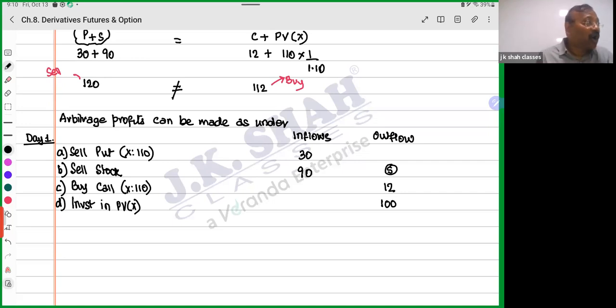That means on day one, your bank account will witness an inflow of 120 and the same bank account will witness an outflow of, which means on day one, you will be left with, now this is your arbitrage profit and this money you got on day one itself.